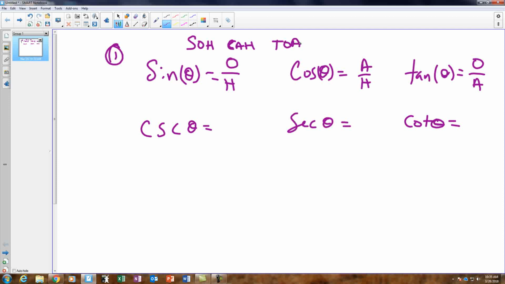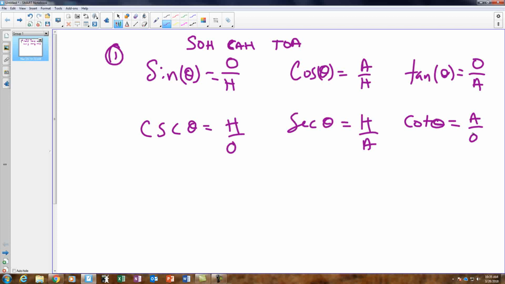However you can, you need to memorize that information. Then when you come down, you're going to flip these over. Cosecant is H over O, secant is H over A, and cotangent is A over O. This information is the only piece that you physically need to memorize.